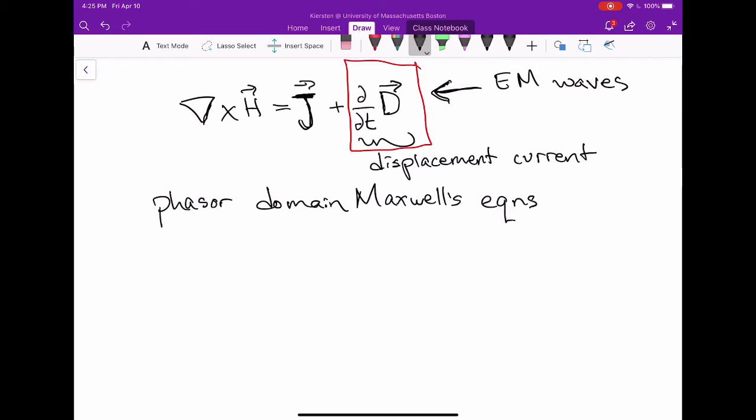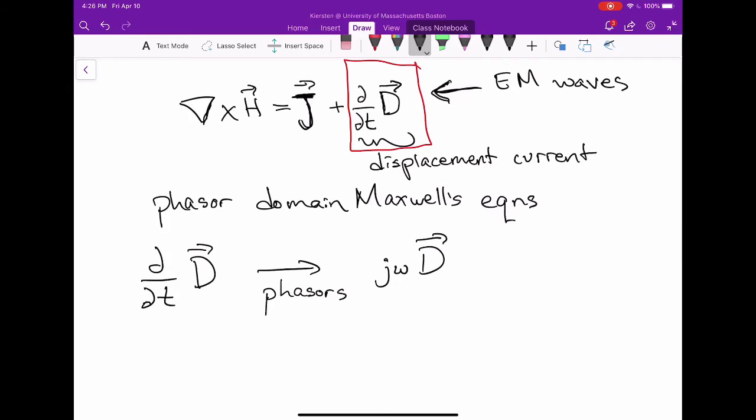I want to remind you that in phasor domain, the time derivative has an interesting behavior. If you have some phasor quantity and we move to the phasor domain, the time derivative just becomes a multiplicative factor of j omega on the same quantity.